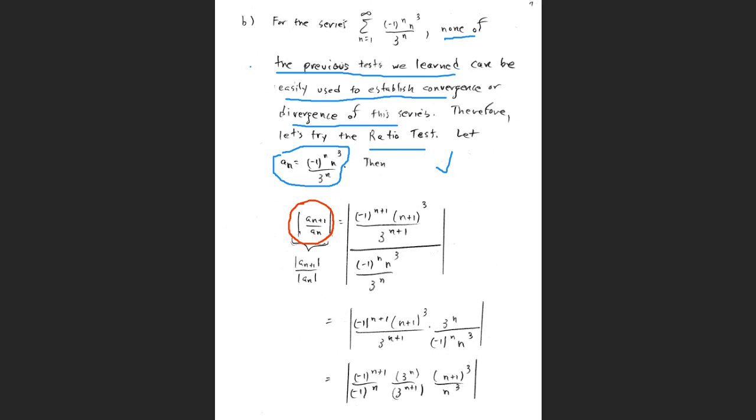So in this ratio, I write in the denominator the nth term of the series.